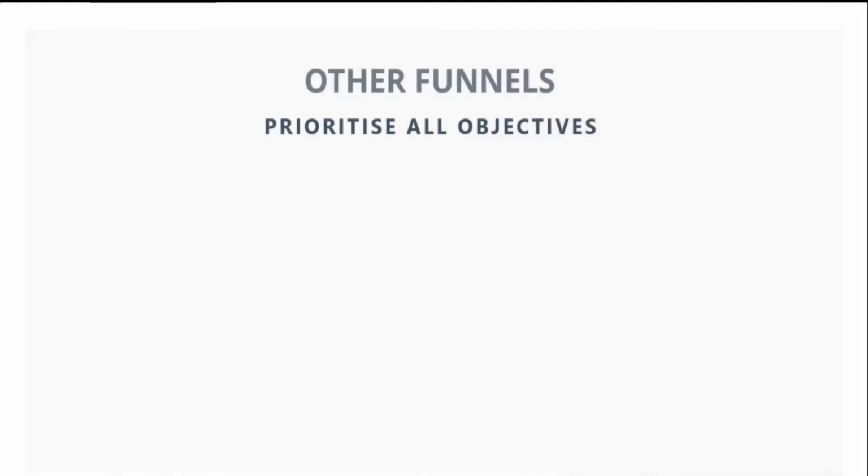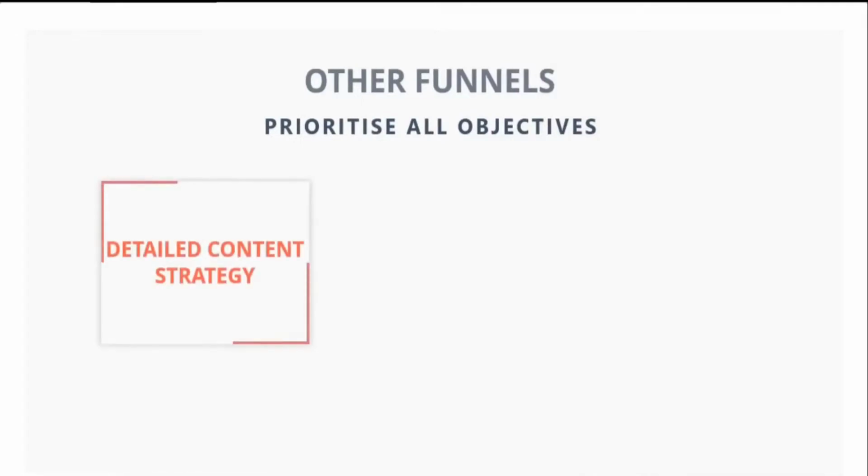Then other funnels, they prioritize all objectives. So there's generally a detailed content strategy because that is generally what is required when you're trying to target people in the upper funnel. They're looking for information, so you need to be able to provide that information. Then there is generally a wide channel use just because you are trying to reach people in all these different phases.